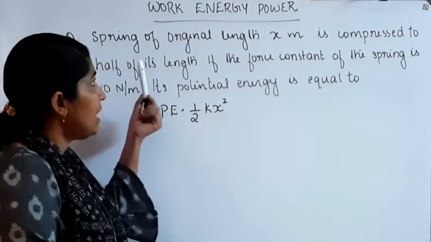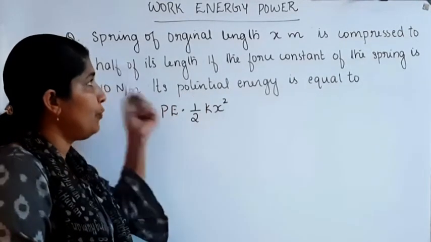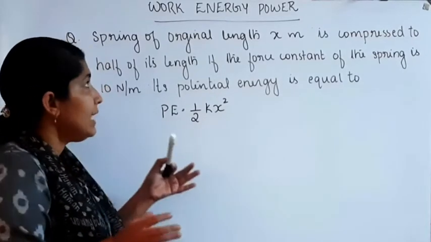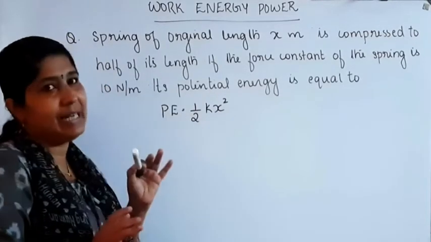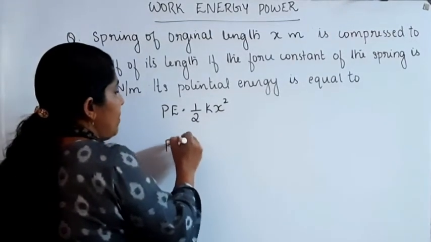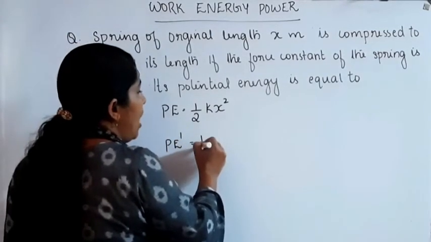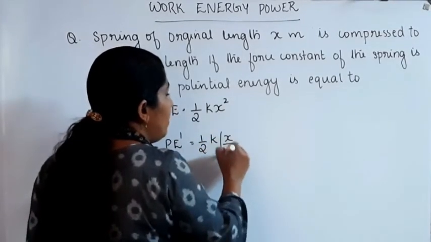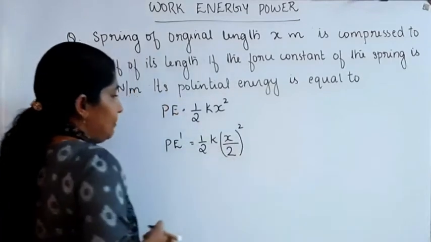Here the original length of the spring is x meter. It is compressed to half of its length. Then what about the potential energy? The new potential energy PE dash is equal to half into k into x by 2 the whole square, since it is compressed to half of its length.